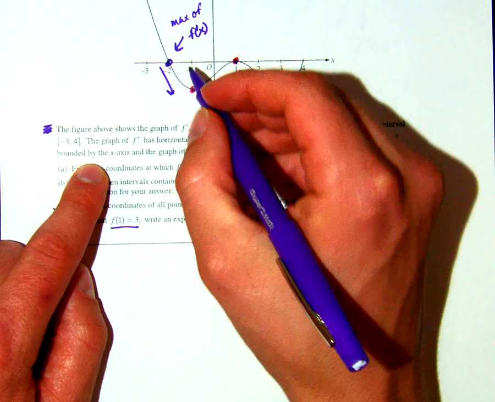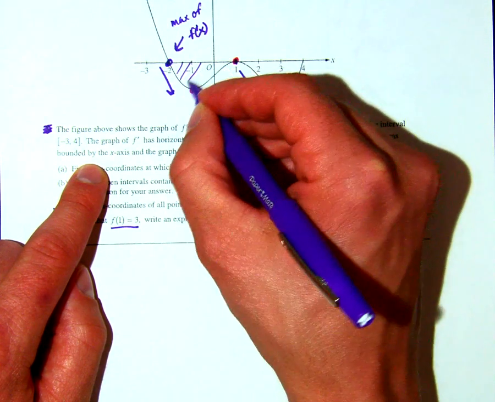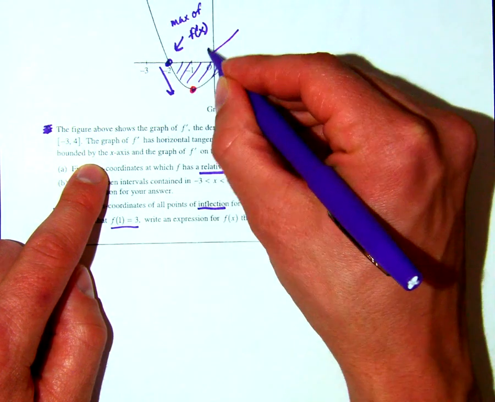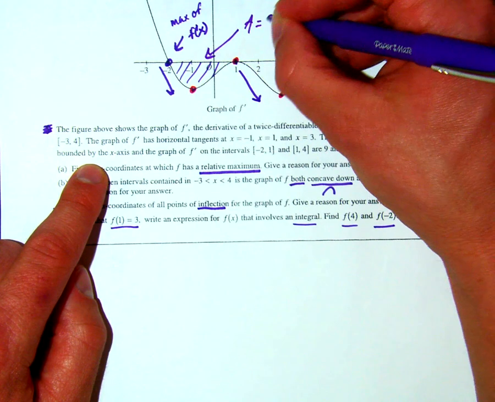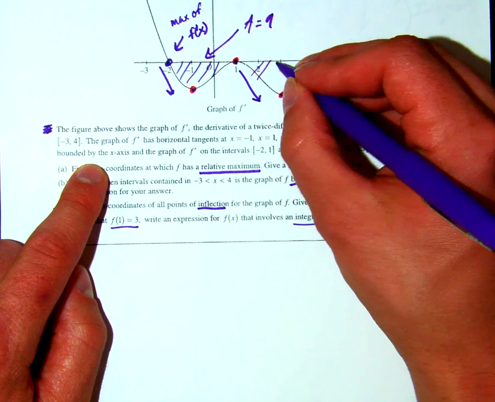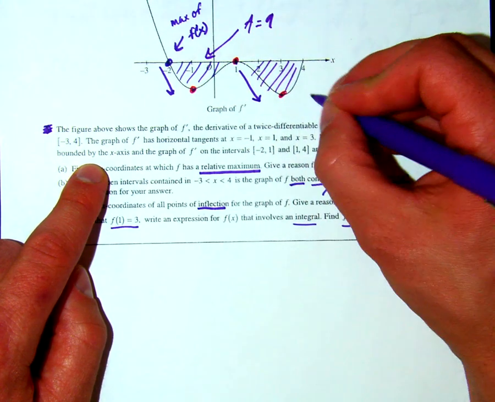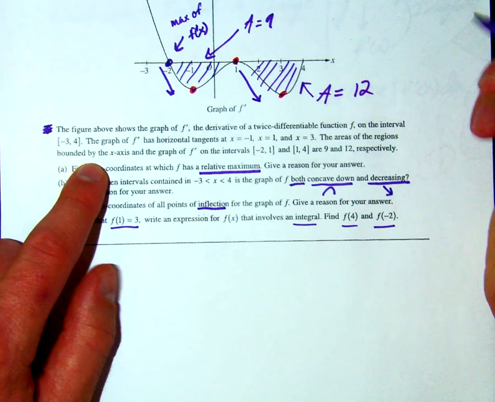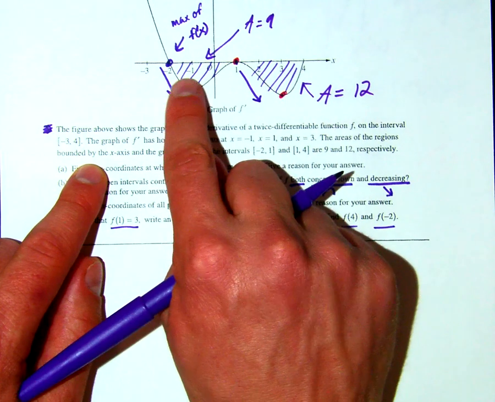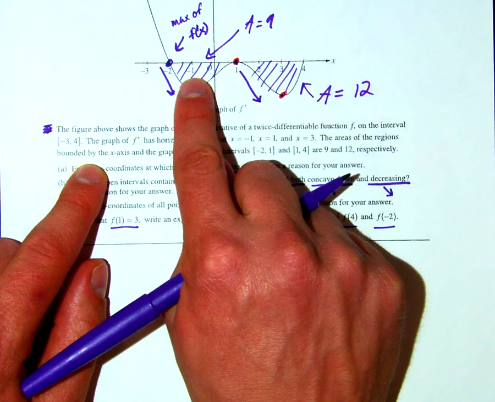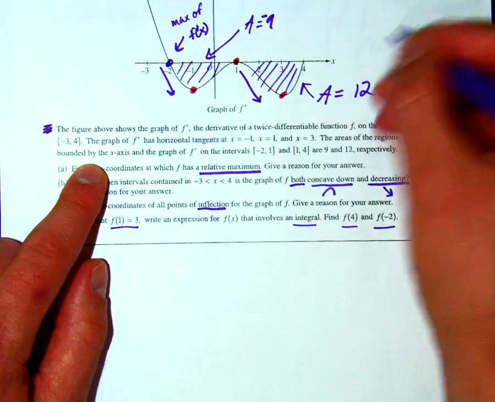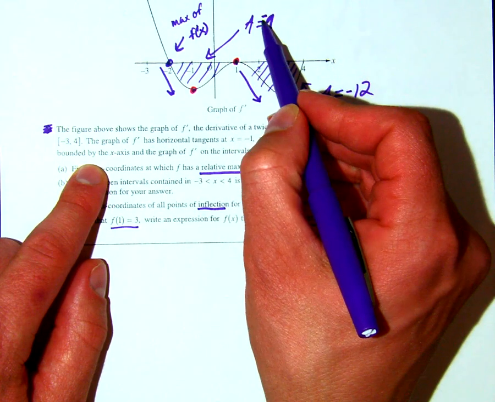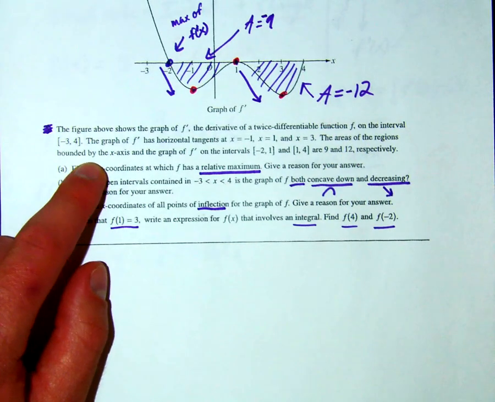So it means this area right here, the area is 9, and then all this part in here the area is 12. Now, both of these are below the x-axis, so they're actually negative area, -9 and -12 units.